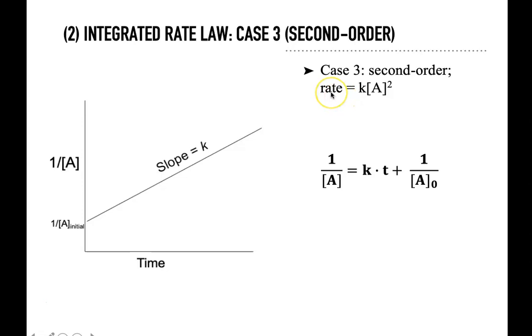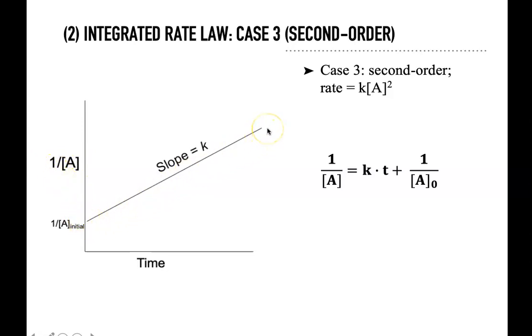When you put the rate as dA over dt and solve this differential equation, we find this relationship: 1 over A equals kt plus 1 over A sub 0. So when you plot 1 over A, the reciprocal of A, as a function of time, with time on the x-axis and 1 over A on the y-axis, we find a linear relationship.